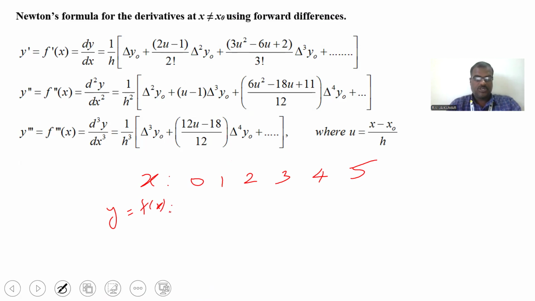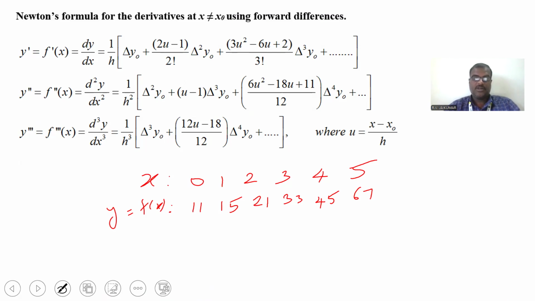Instead of a function, they will give you some values of y. When x equals 0, the value of y is 11, and when x equals 1, the value of y may be 15, 21, 33, 45, 67. So these are the values of x and y.